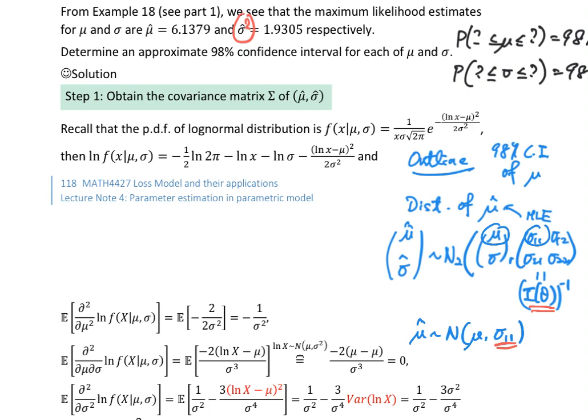Now just recall what your covariance matrix is.